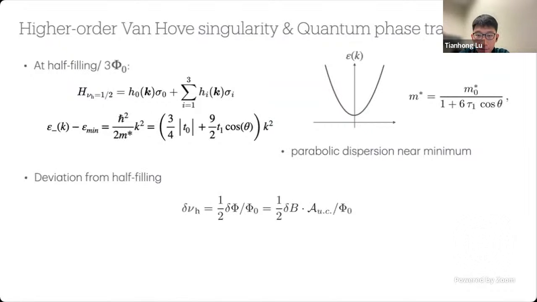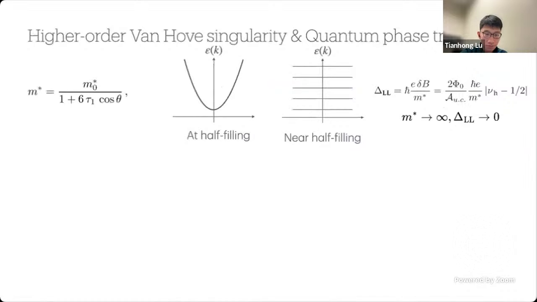This is happening at half filling, but a small deviation from half filling is equivalent to a small change in the Chern-Simons flux, which can be related to a small external field delta B. So at half filling it is parabolic at the minimum.